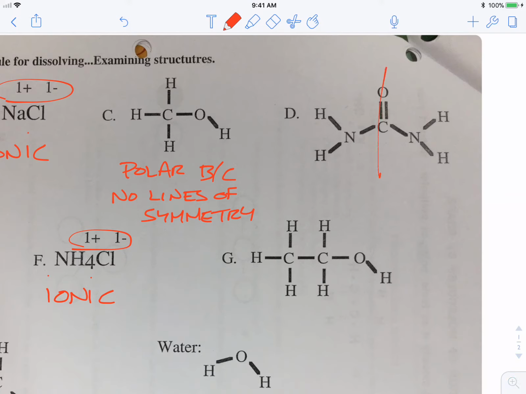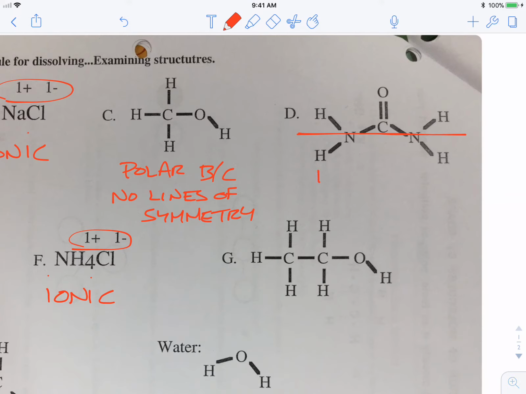Drawing a line of symmetry vertically, let's see if we have poles. Well, the left side looks like the right side to me, so I don't think I have a pole in that direction. But what if we look at the top and the bottom? Well, the top and the bottom do not look the same, so therefore they have poles.